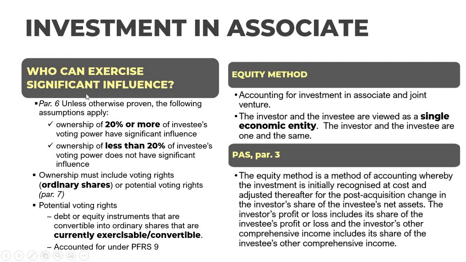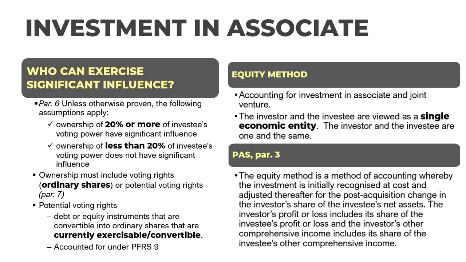So, who can exercise significant influence? So, under paragraph 6, sabi niya, unless otherwise proven, the following assumptions apply. Ownership of 20% or more of investees' voting power have significant influence. Then, yung ownership daw of less than 20% of the investees' voting power does not have significant influence.